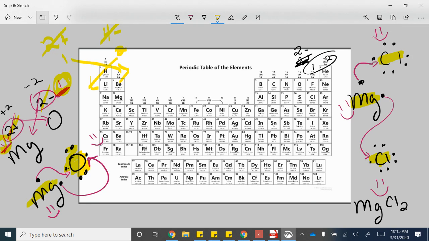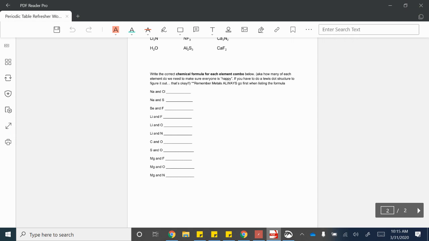Hopefully that makes sense. So when we go back to the worksheet, what I would do, and again, it's not letting me edit on this worksheet, I would write above each of the elements. So like, sodium has a +1, chlorine has a -1, so I need 1 sodium, 1 chlorine, and then it's just NaCl.